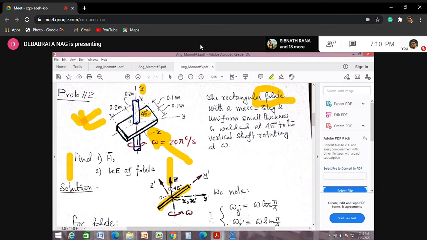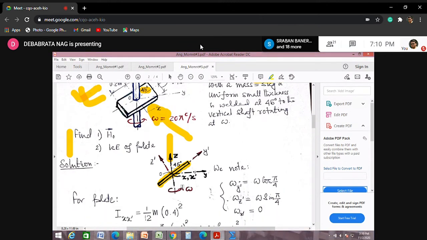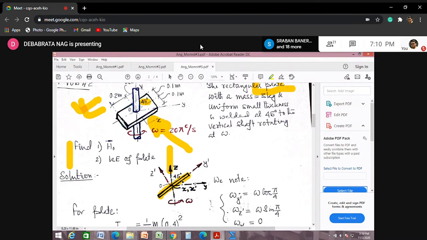Now, in order to solve this problem, we are taking some axes. Because this is a rectangular plate, the inertia terms are actually not known with respect to the small y, small z axes, or it can be capital Y, capital Z also.